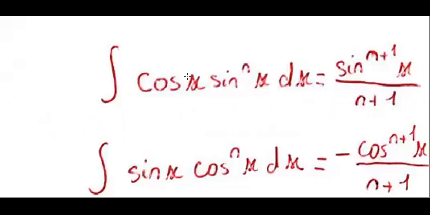The integral of cosine x sine to the power n x dx is equal to sine to the power n plus 1 x over n plus 1.